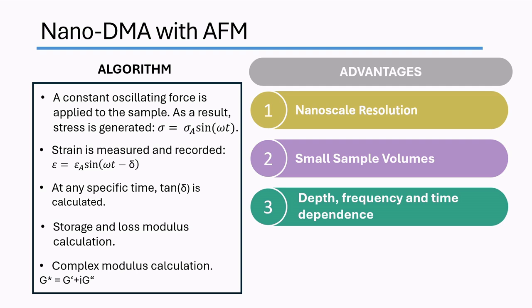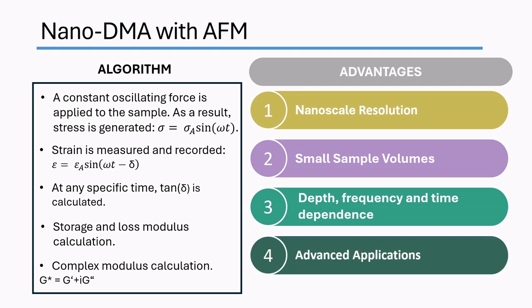NanoDMA provides continuous measurements of mechanical properties as a function of indentation depth, frequency, and time, revealing how materials respond dynamically at different scales and conditions. And hence, this makes it an important tool for characterizing materials that are used in advanced applications.